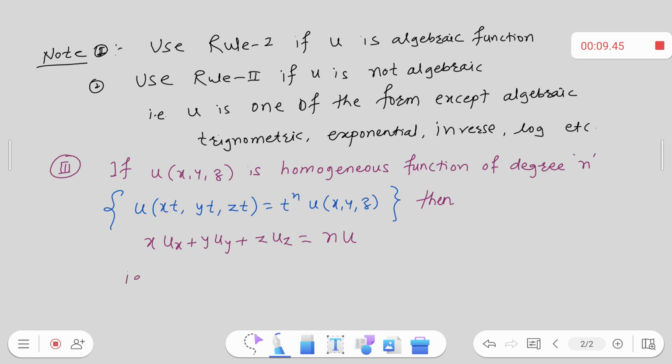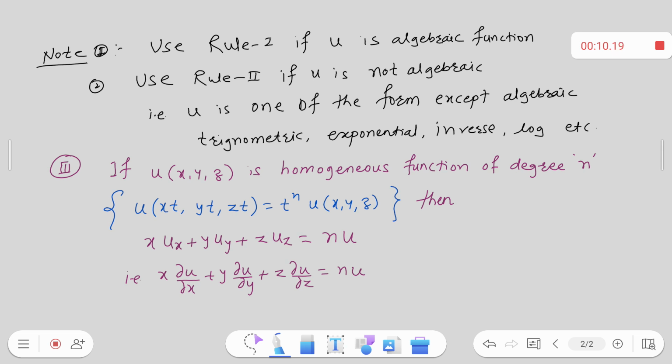That is, x del u by del x plus y del u by del y plus z del u by del z is equal to n into u. Using the third statement for three variables, we find only the first order derivative. The third statement is not applicable for second order derivative since u is a function of three variables.